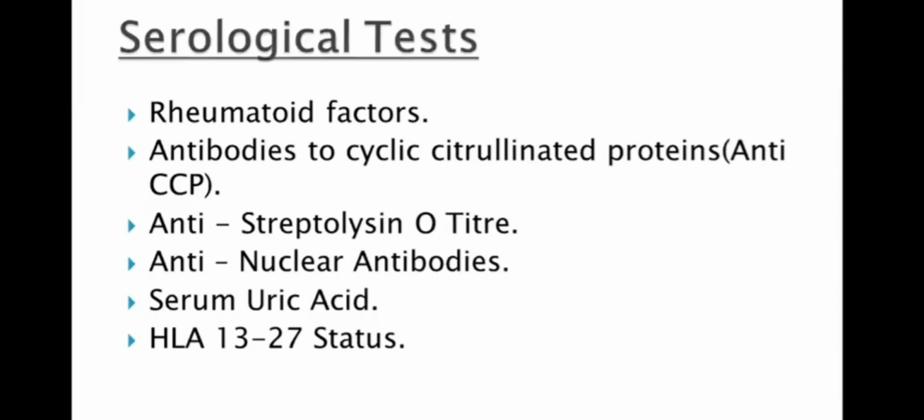And then serum uric acid. Everybody knows that serum uric acid is a common test which comes under renal function tests. But we are using that for diagnosing the hyperuricemia condition and for diagnosing gouty arthritis conditions.